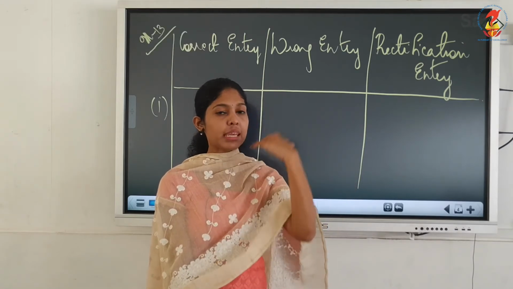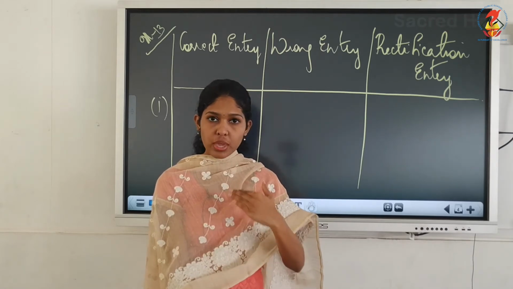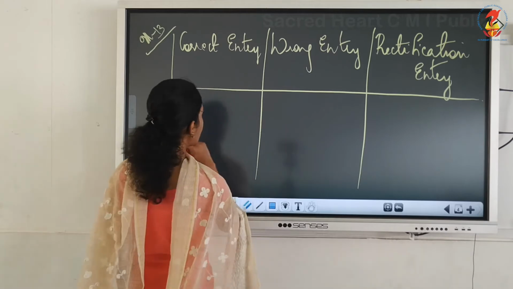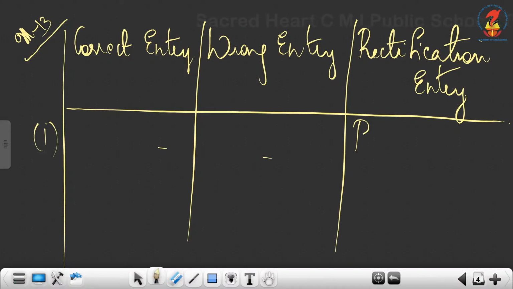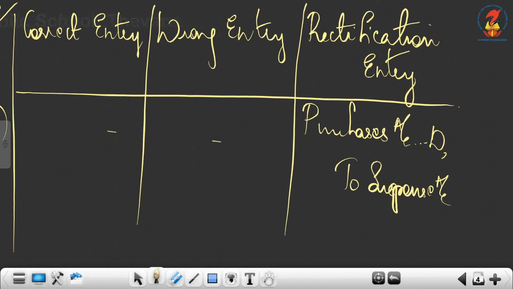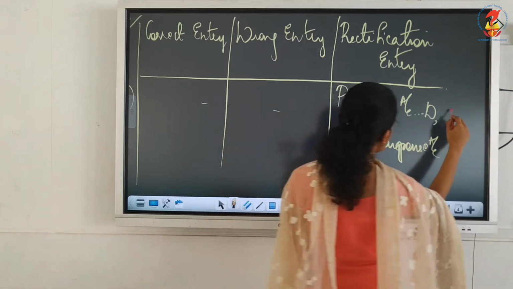So we have to increase the purchases book. So again debit it, and the amount here is 1000. So the entry will be written in rectification column because it is one-sided error like your previous question. Purchases account debtor to suspense account. We are increasing the purchases, okay, and the amount is 1000.